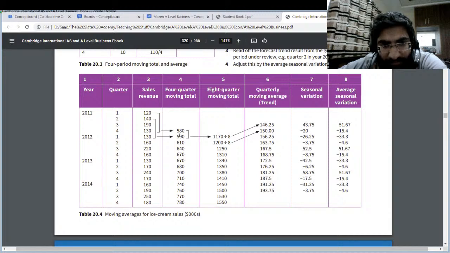This gives you 590. So this is a four quarters total, and this is also a four quarters total. You add these two, you get an 8 quarters total, 1170. Then you divide this 1170 by 8 to get the quarterly average.